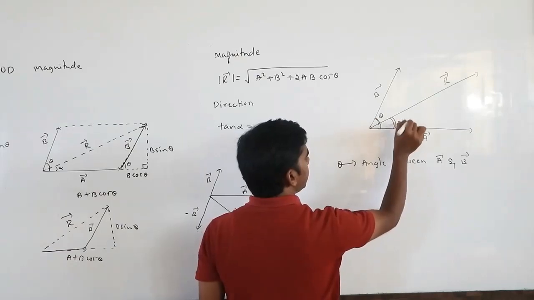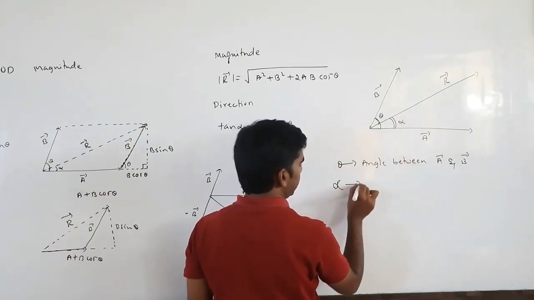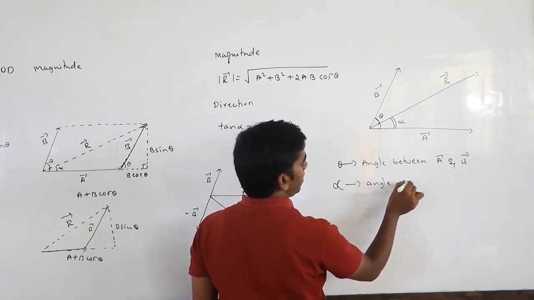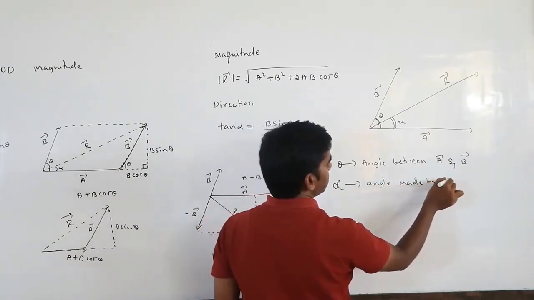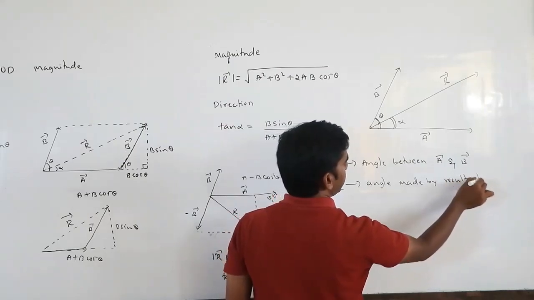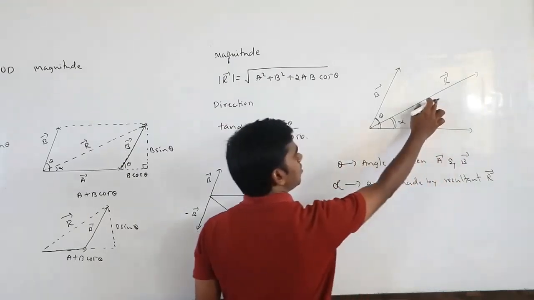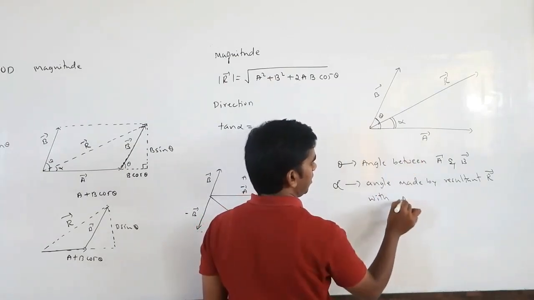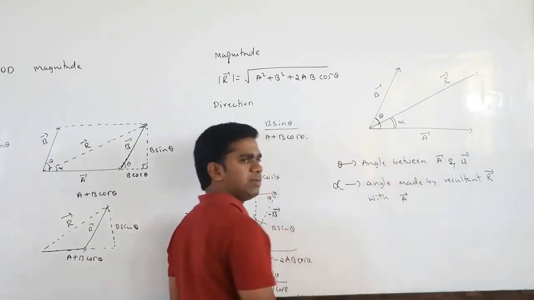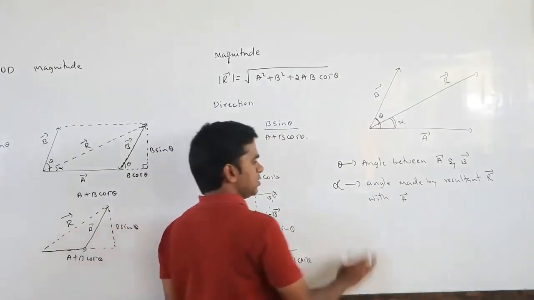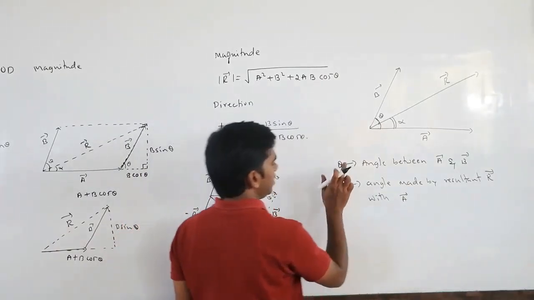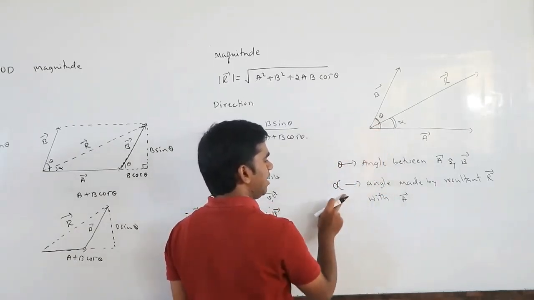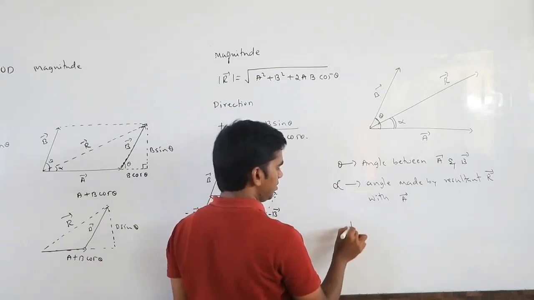Alpha is nothing but the angle made by resultant R with vector A. If you take the viewer here, it will become with vector B also. So you have to remember this. Theta is the angle they give, that means the angle between A and B. Alpha you have to find. For these two, we will use the formula.